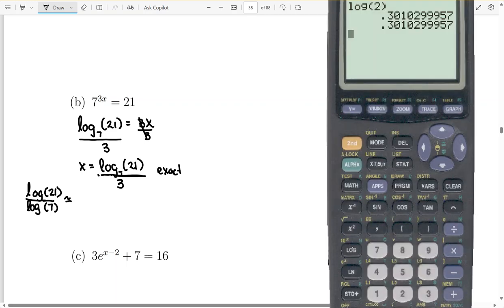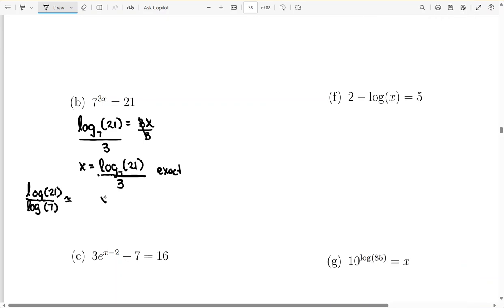You can either use log or ln, it doesn't matter. So I do log 21 divided by log 7. All right, and then go. I get that decimal. Don't round that decimal. I'm just going to write down a few of the digits, 1.5645, and then dot, dot, dot, meaning it keeps on going, but I'm just too lazy to write it all down.